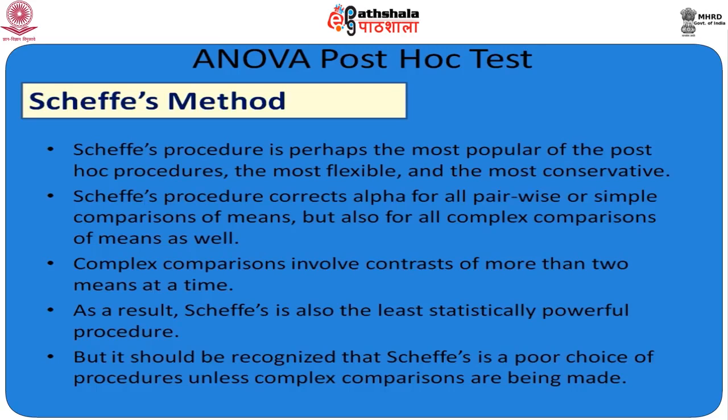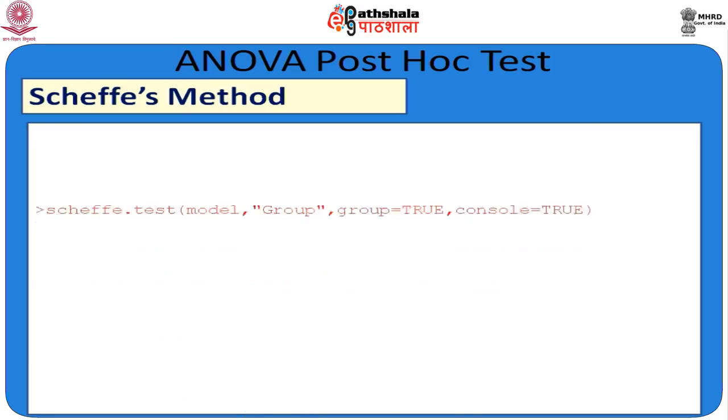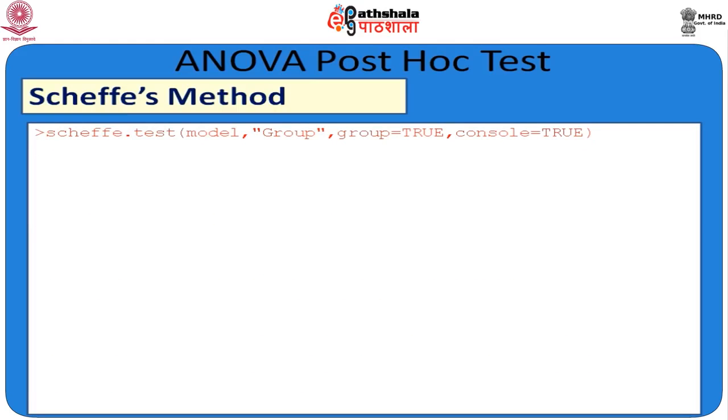To perform Scheffe's method, we can use the scheffe.test function from the same library, agricolae, and there you just put the ANOVA object that I created with the name model, then group is true, and then console is true, and that will generate the results for Scheffe's test.